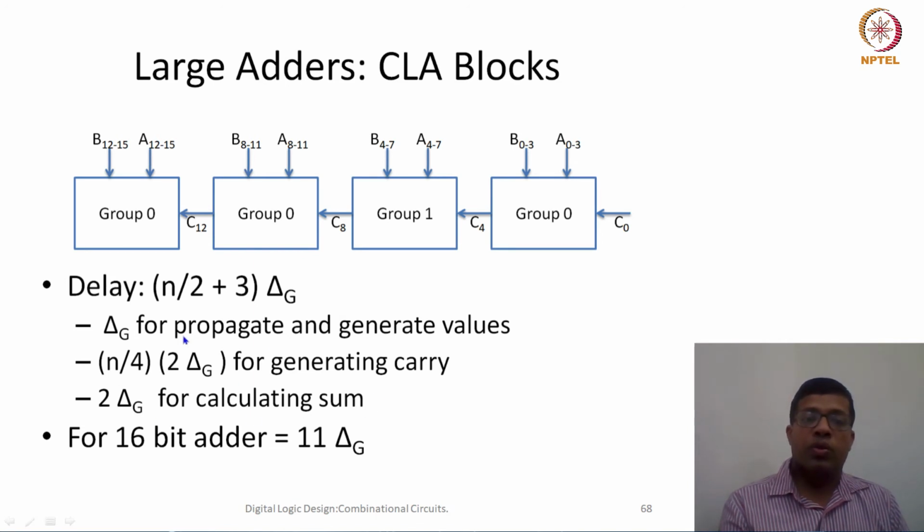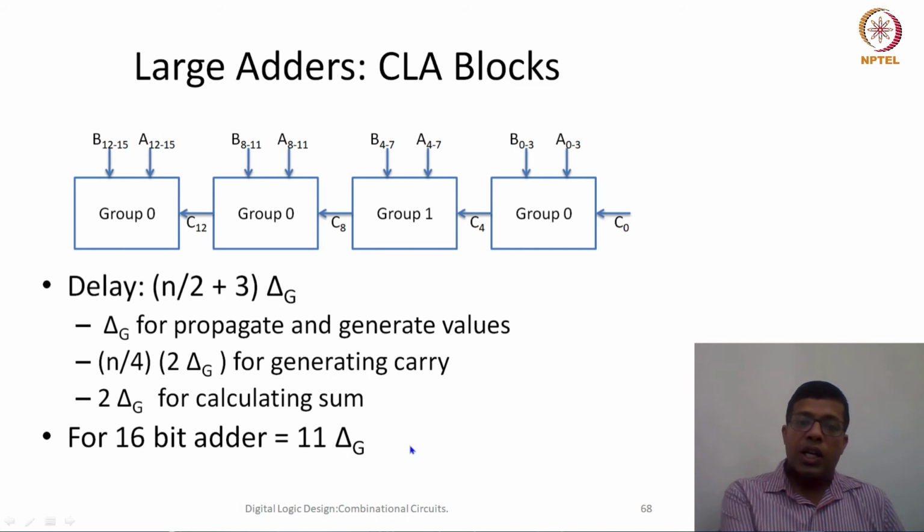The overall delay would become equal to n plus 2 plus 3 delta G. So if n is equal to 16, that means it's a 16-bit adder, the 16-bit adder would actually require 11 delta G delays.